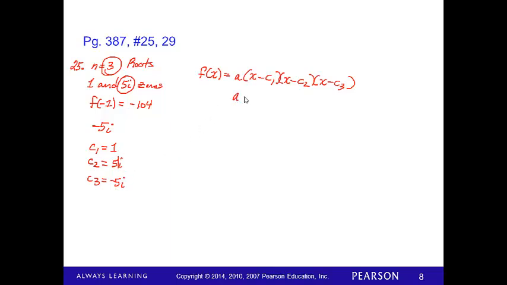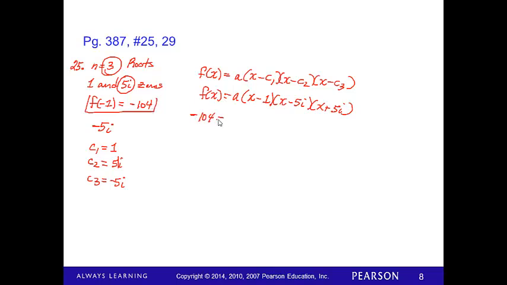Now we can fill it in. So we have a times x minus 1, x minus 5i, x plus 5i. The last thing we need to do is find the a, and this is what this information is used for. So the negative 1 represents the x, and the negative 104 represents the f of x.